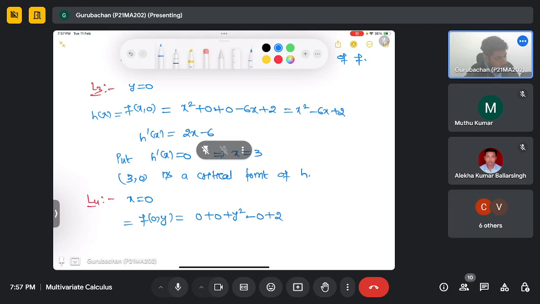So this is again some function, suppose h1. (3, 0) is a critical point of h or f? Oh, typo, f. Can we write so? (3, 0) is a critical point of f.